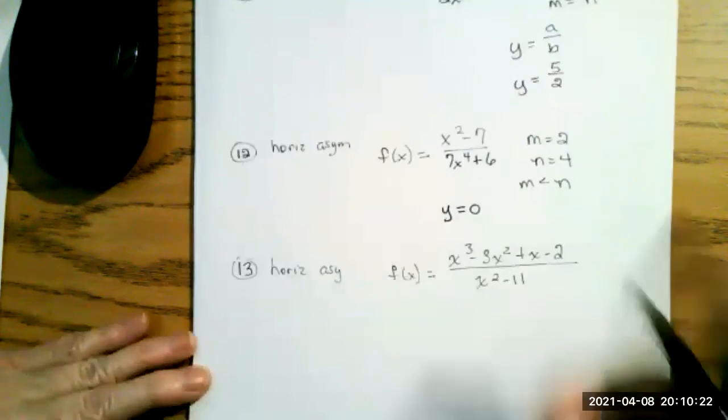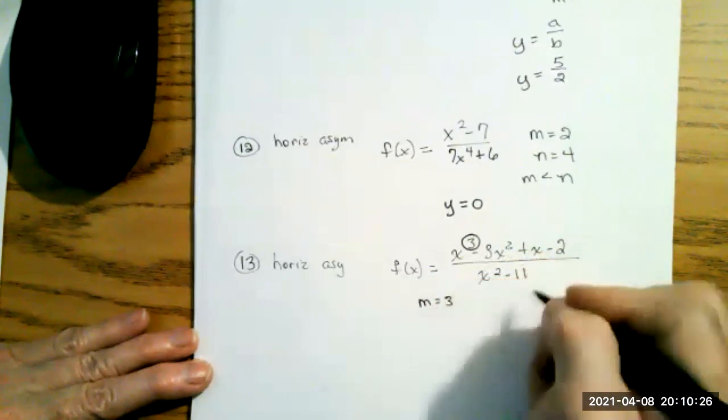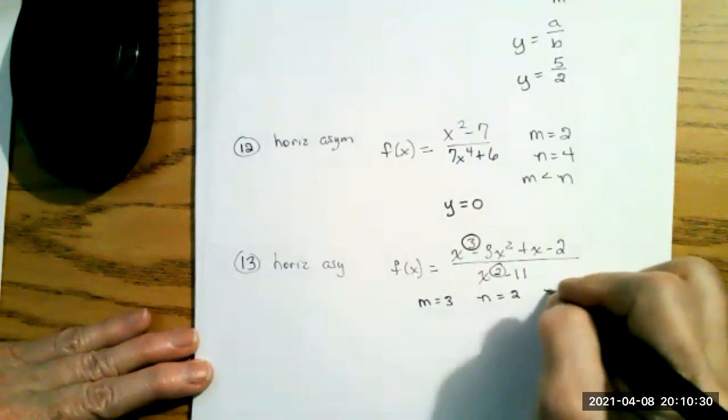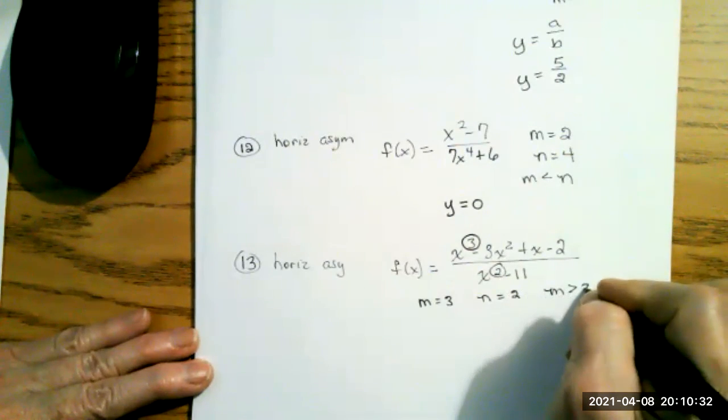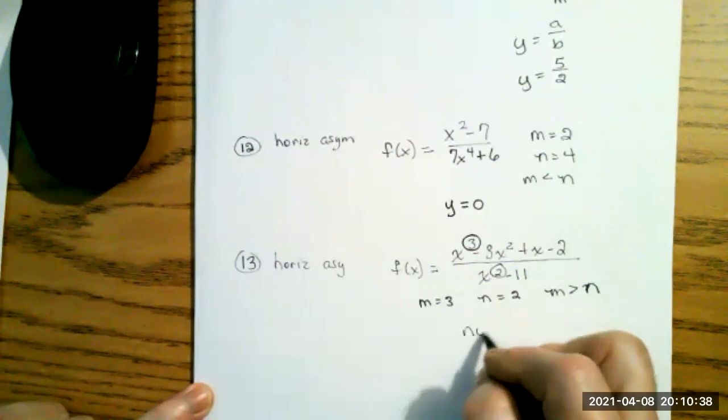Let's see, m is 3. N equals 2. So m is greater than n. So what do we do on that one? There's no horizontal. No horizontal.